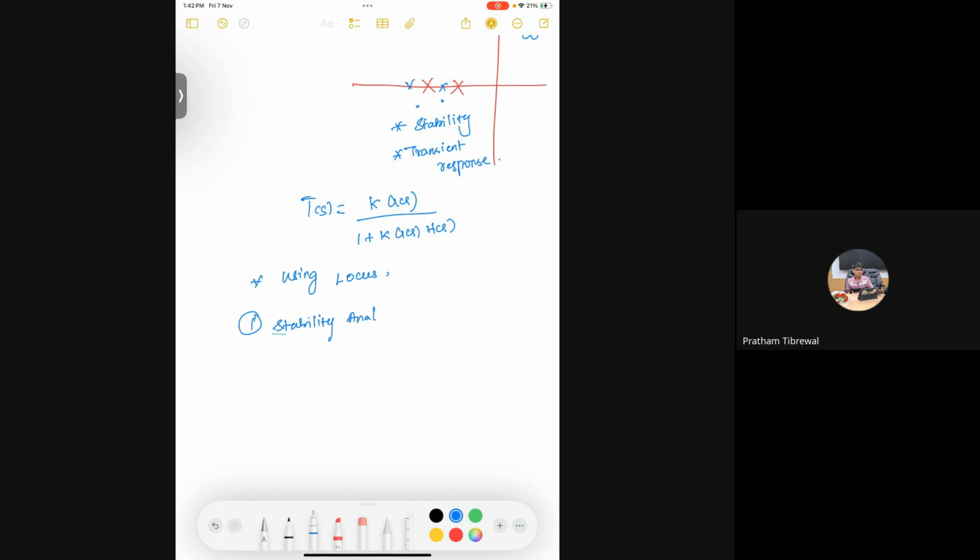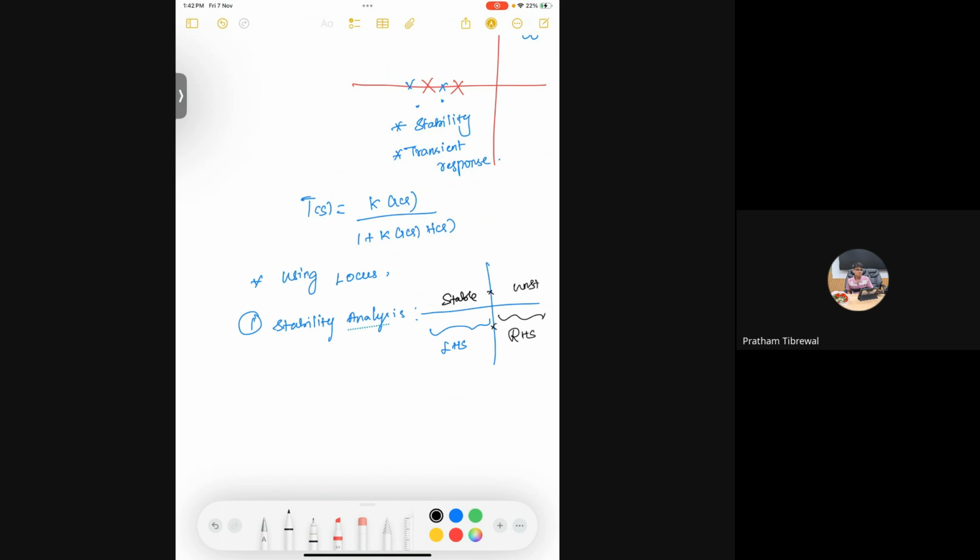If I want to do stability analysis using root locus, I will check if poles ever enter into the right half of the S-plane, because whenever the poles lie on the left half of the S-plane, the system would be stable. We have seen this before. And if it enters into the right half of the S-plane, it would be unstable.